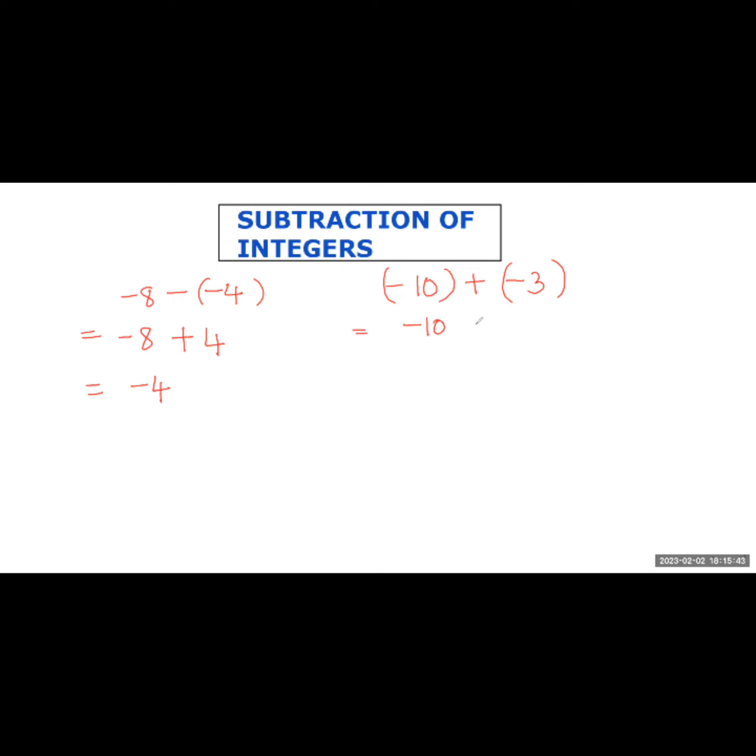So we can take the brackets out there. And then we'll say positive times negative will give me negative. And that's it. How easy is that? So to get rid of the brackets, we can multiply the sign outside by the sign inside, regardless of what the signs are. Okay, and obviously that's going to give me negative 13.